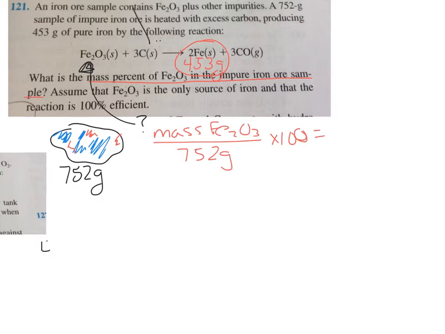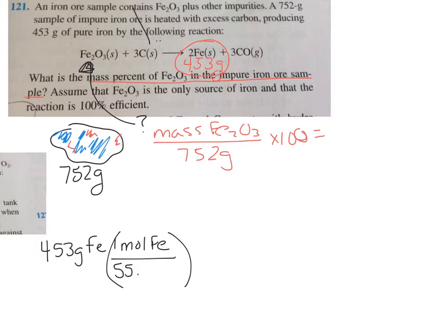So we're going to start with 453 grams of iron produced. What is the molar mass of iron? 55.85. Okay, so now we're in moles of iron.